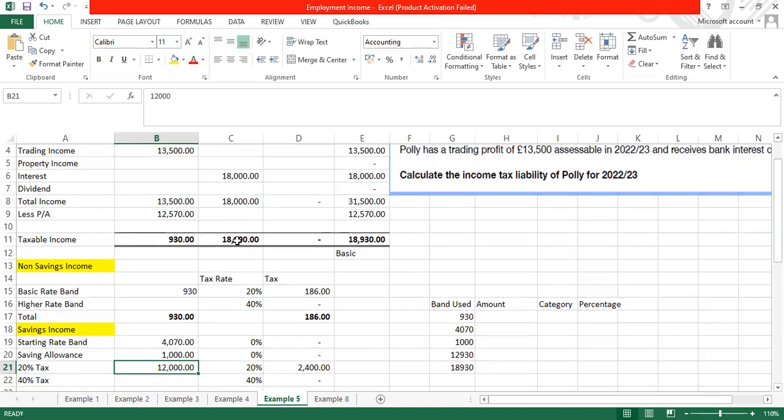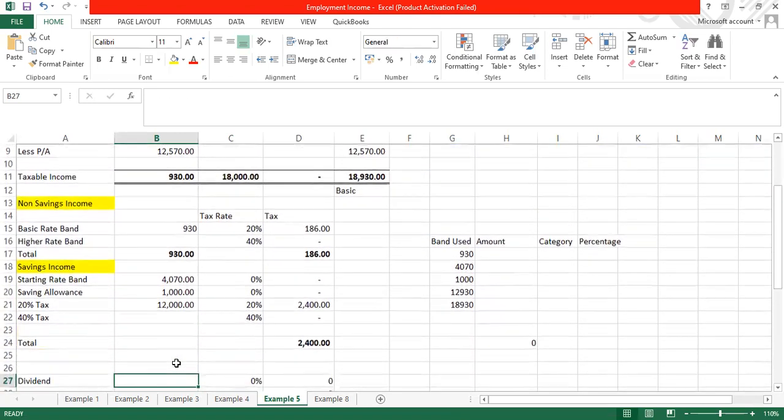And now the total is 18,000, so 12,000 plus 1,000 plus 4,070, we got our total savings income.